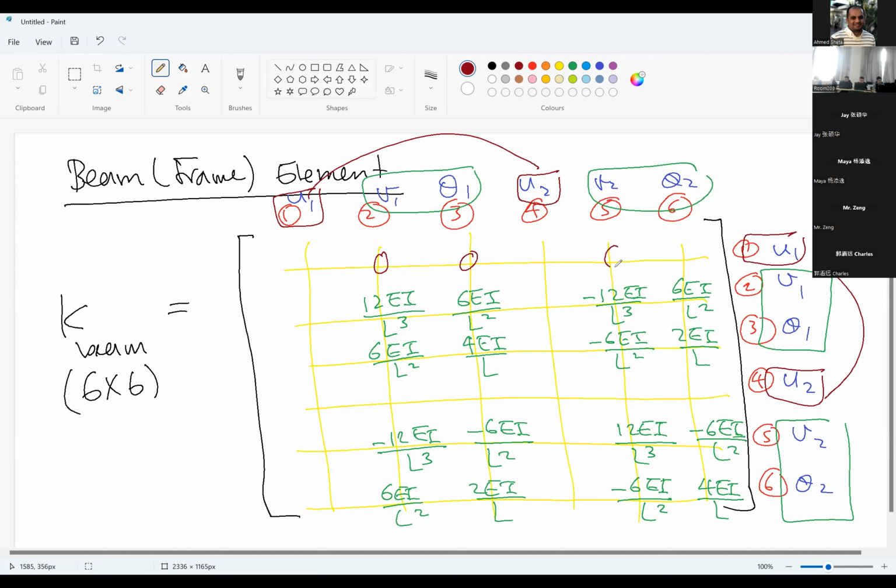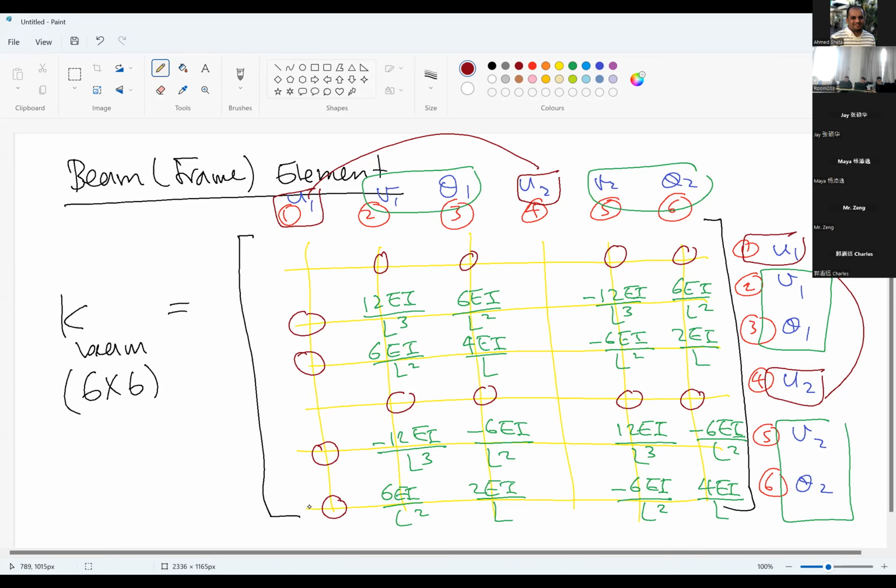Again here, V2, U1 doesn't exist, theta 2, U1 doesn't exist. Here as well, V1, U2 doesn't exist, theta 1, U2 doesn't exist, U2, U2 exists, V2, U2 doesn't exist, theta 2 doesn't exist. Here we have U1, V1 doesn't exist, U1, theta 1 doesn't exist, U1, V2 doesn't exist, U1, theta 2 doesn't exist.